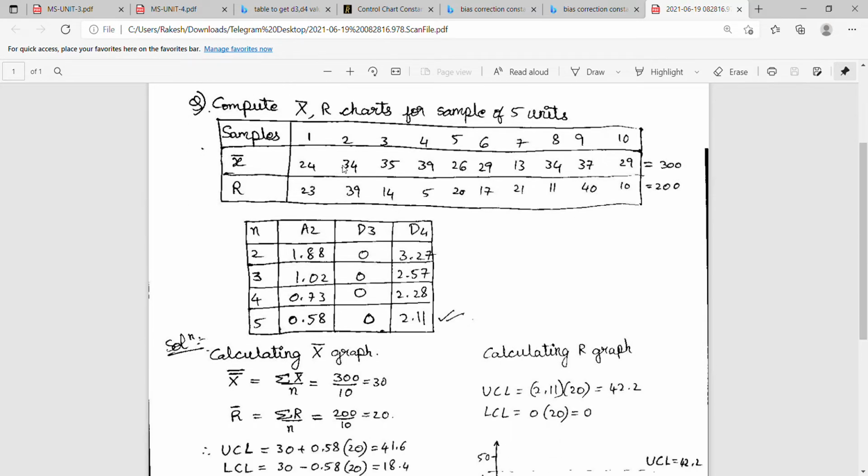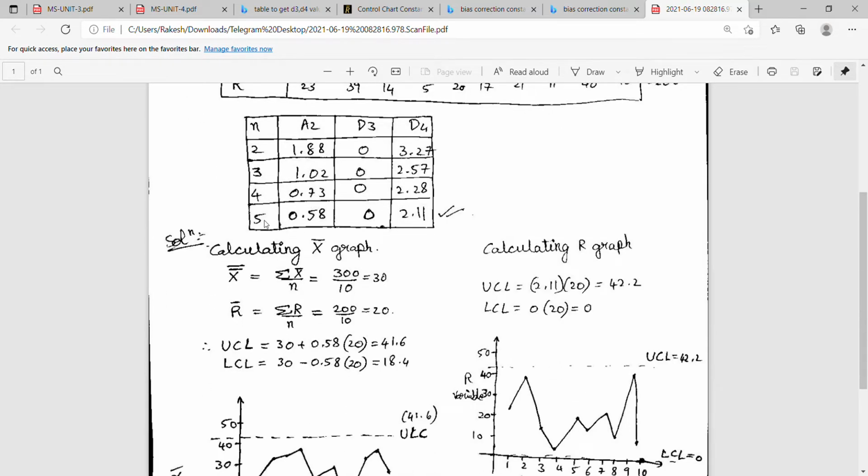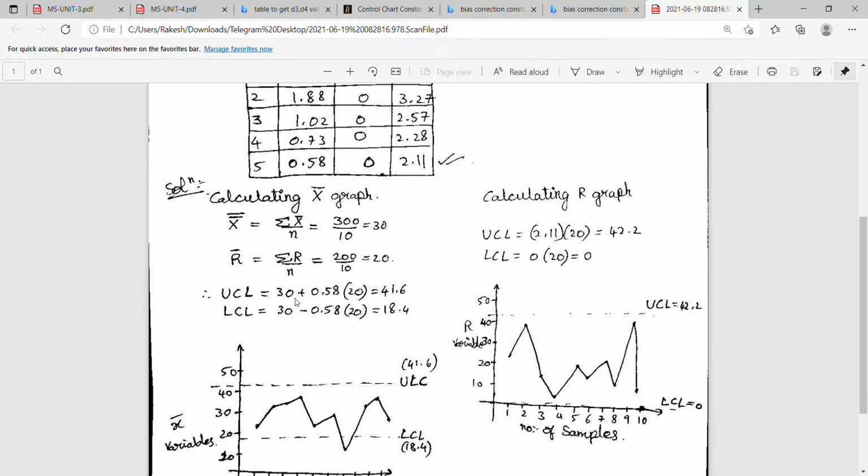As A2 is 0.58, D3 is 0 and D4 is 2.11, for the X bar graph the upper control limit is X double bar, 30, plus A2, 0.58, into R bar, 20, which is 41.6. Similarly, the lower control limit is X double bar minus A2 into R bar, which equals 18.4.